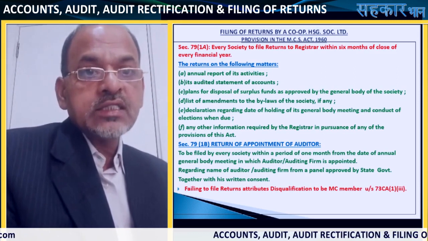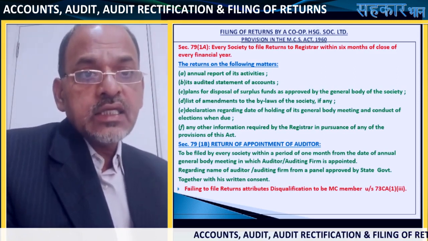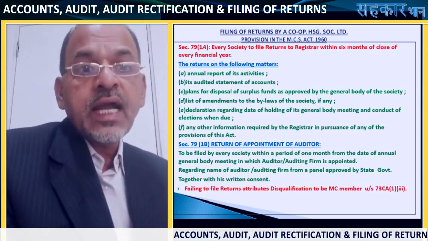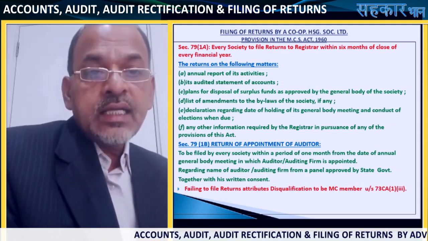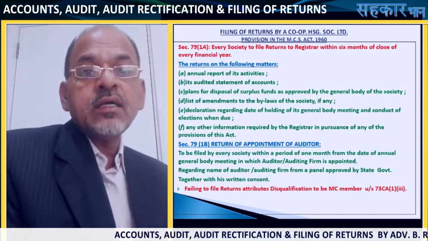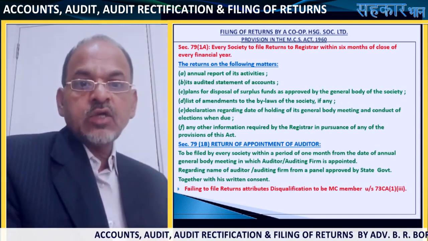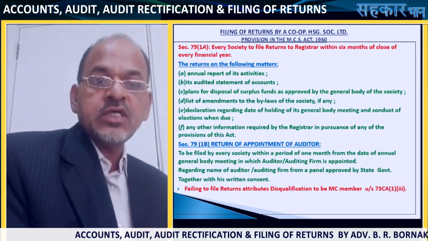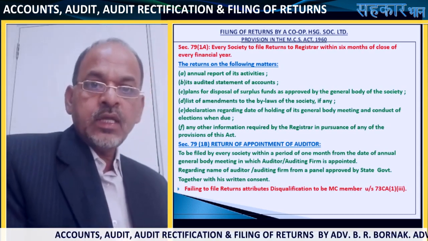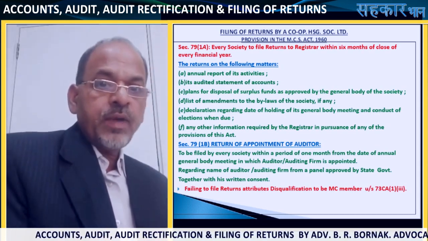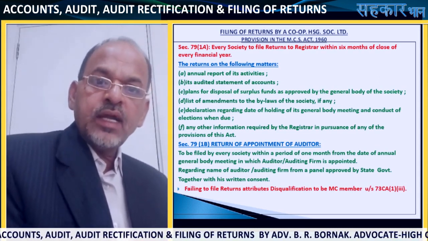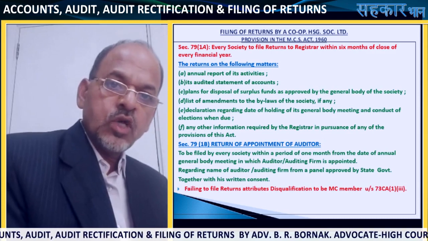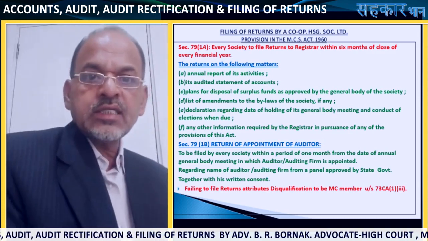Returns of these items, A, B, C, D, E, F, are to be filed within 6 months, that is on or before 30th September each year by every society. There is no extension to file these returns. They are required to be filed within 6 months from close of the cooperative or financial year, that is on or before 30th September.